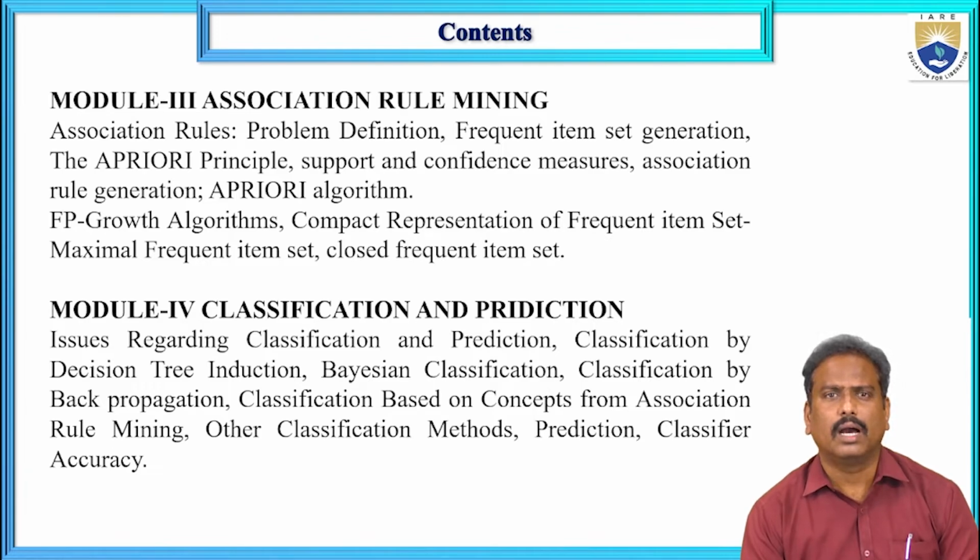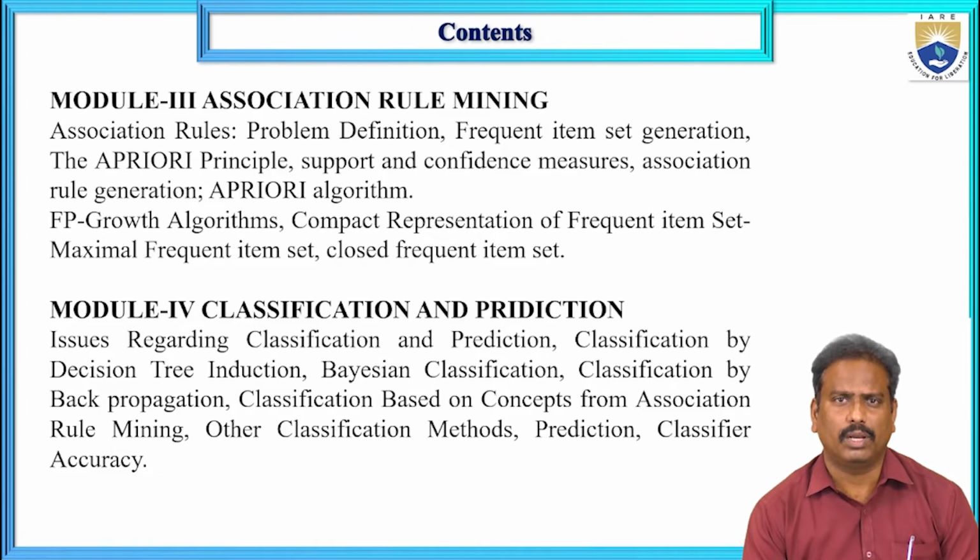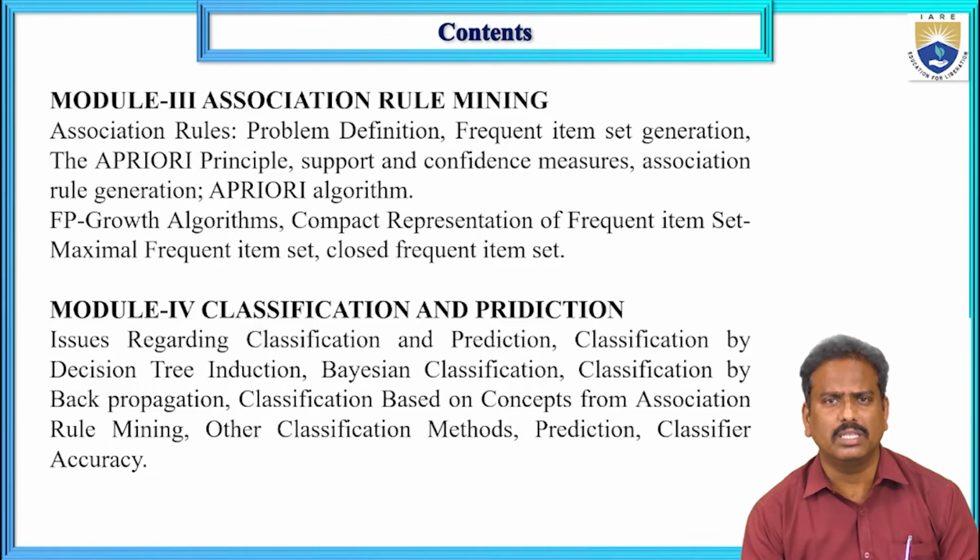For that, I need to have the data. For example, I need to know the humidity value, the temperature value, and the outlook, how the outlook is presently, whether it is sunny or cloudy. Based on these values, I'm going to predict whether there is a fall of rain or not.